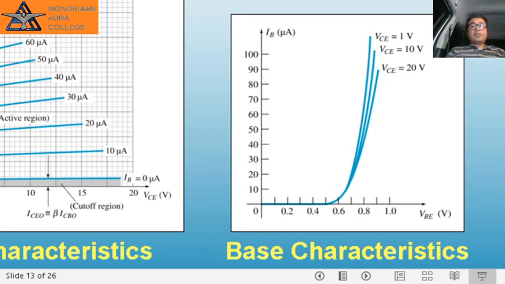Anong nangyayari sa output voltage natin? Mas mababa siya ngayon. Therefore, we can conclude na sa common emitter configuration, kapag ang VBE natin ay mababa, ang VCE natin ay mababa rin. Kapag ang VBE naman natin ay mataas, ang VCE natin ngayon ay mataas.